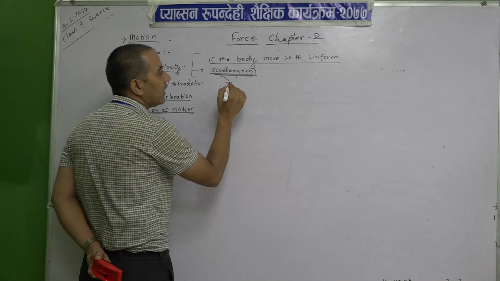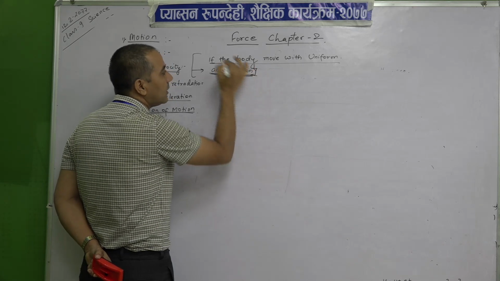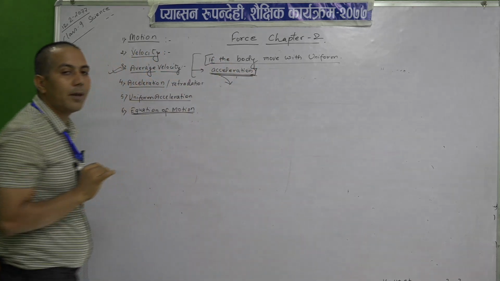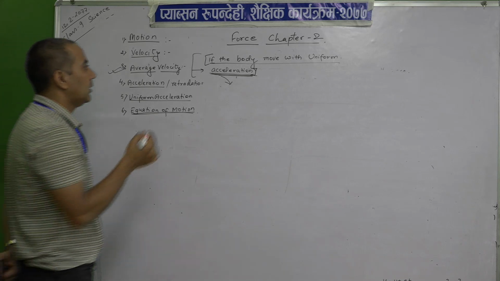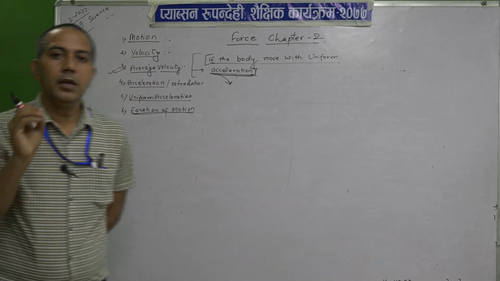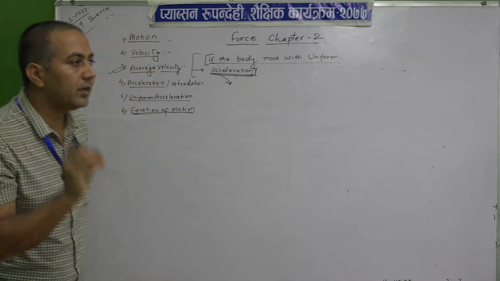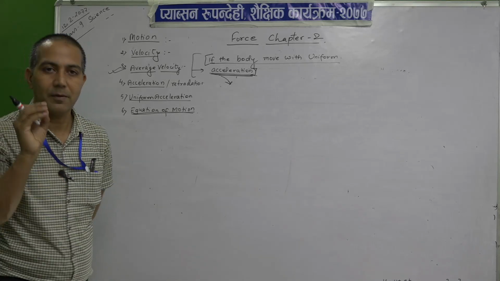It is calculated when the object is moving with a uniform acceleration; only then can we calculate the average velocity. Otherwise it will be difficult. So in our chapter we are totally dealing with uniform acceleration or uniform velocity.